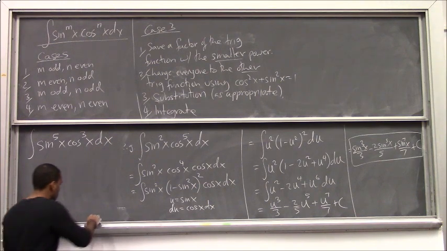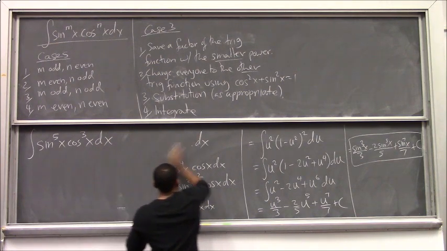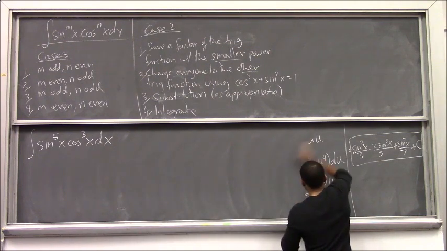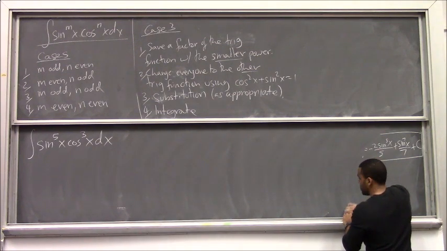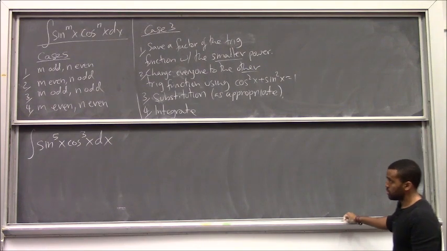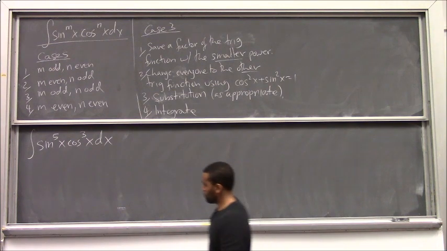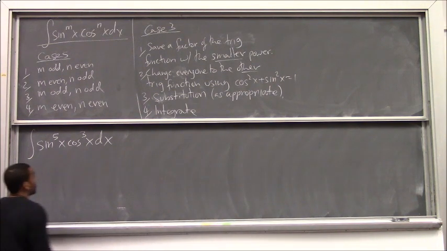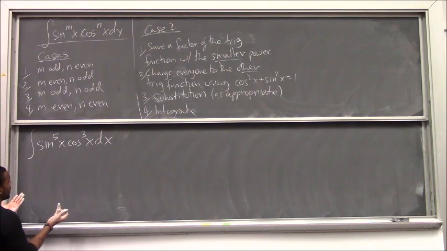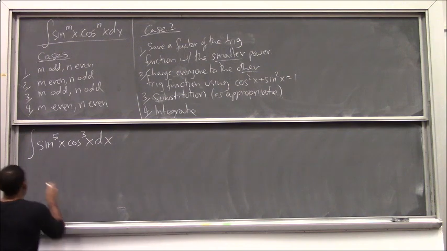Want to do that one? So what do you want to do here? Save cosine. So you notice that they're both odd. You want to save the smaller power.